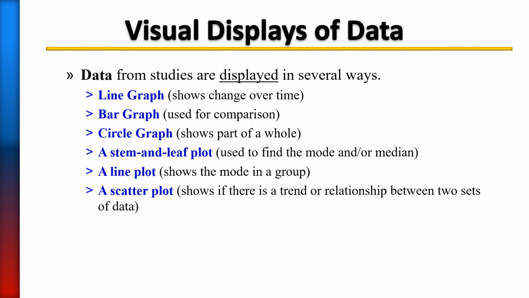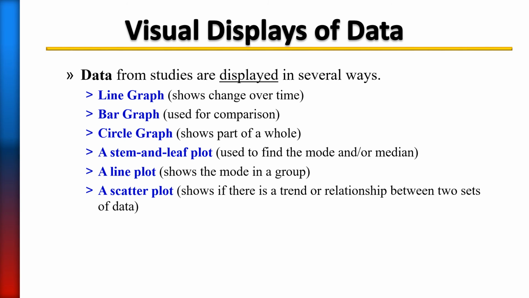You can also use a stem and leaf plot, which is often used to find the mode and the median of the data. You can use a line plot. A line plot shows the mode in a group. So a line plot is different from a line graph.